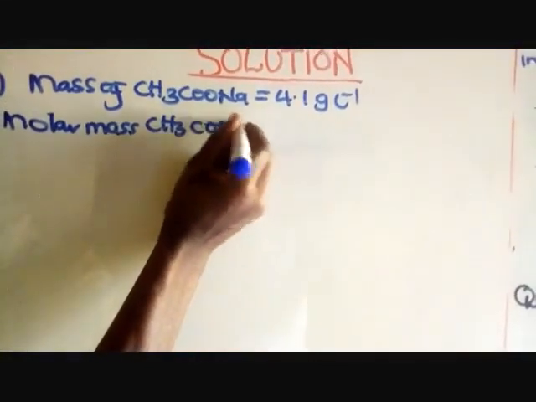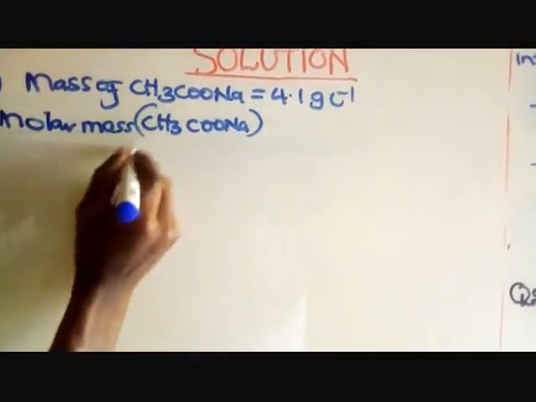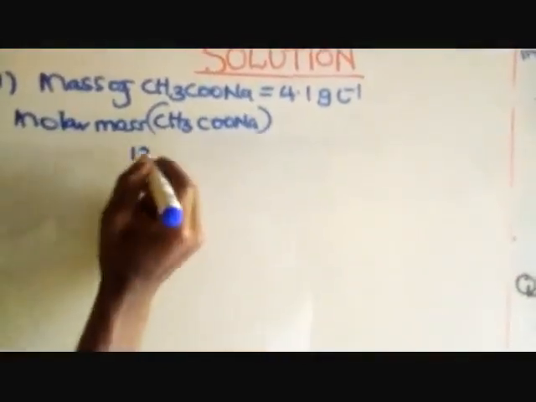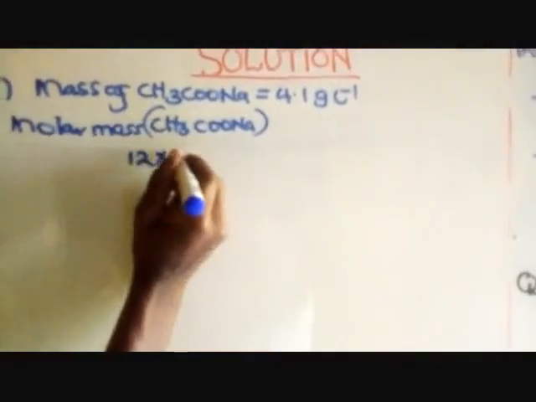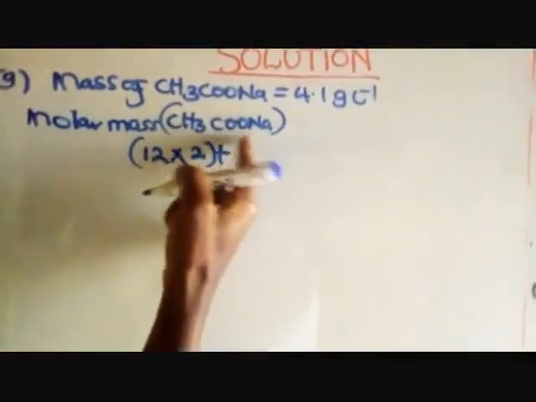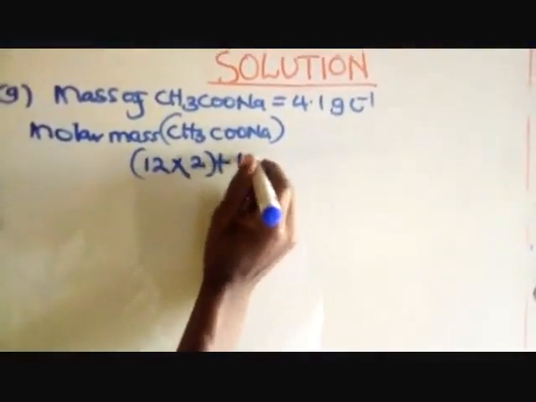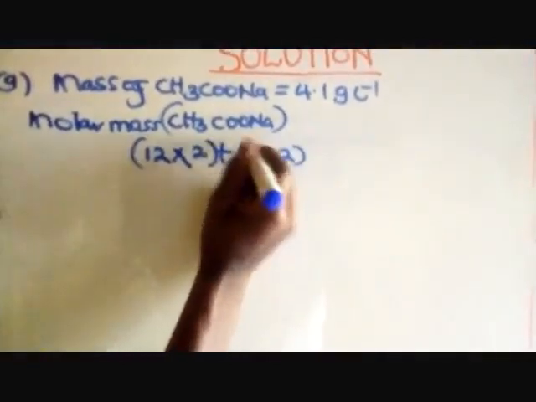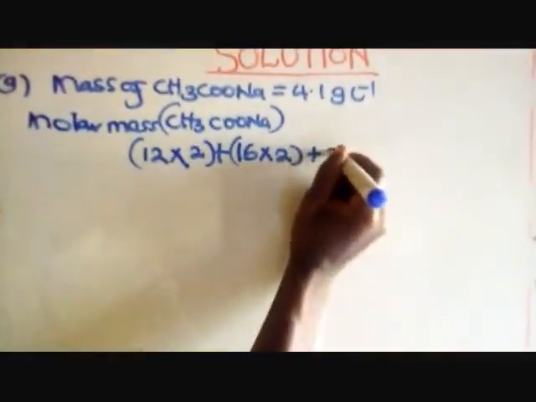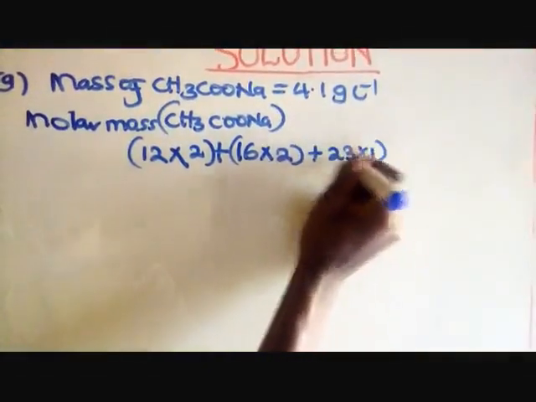And this one is going to be, now we find the relative atomic masses. Like carbon, we have 2 carbon atoms. Carbon is 12, that is 12 times 2. Then plus oxygen, we are seeing 2 atoms of oxygen, that is 16 times 2 also. Then plus sodium is appearing once, that is 23 times 1.